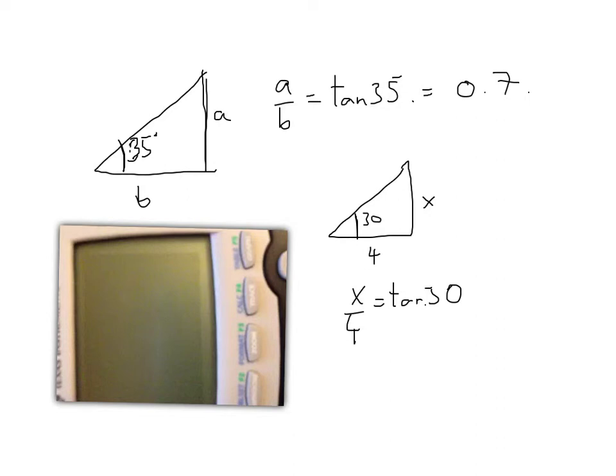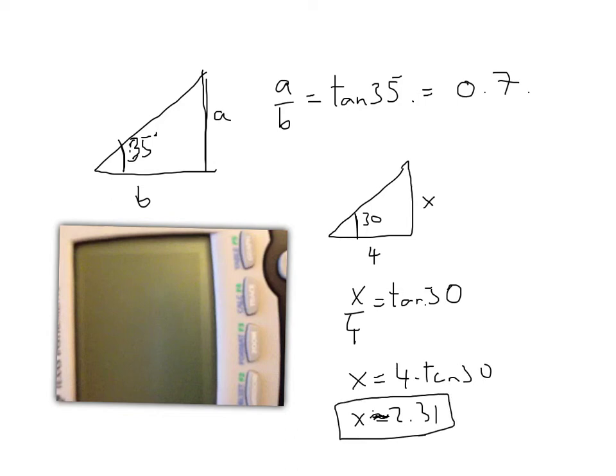So I go to my calculator, I put tan 30 in, and I get 0.577350 and so on. I multiply that by 4, and I get the answer. Why do I multiply by 4? We realize that x is equal to 4 times tan 30. Therefore, x is equal to 2.31, and I have rounded this to 3 significant figures. And that's how you use the tangent.